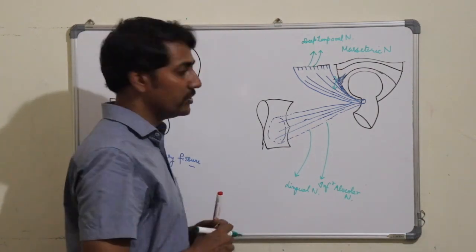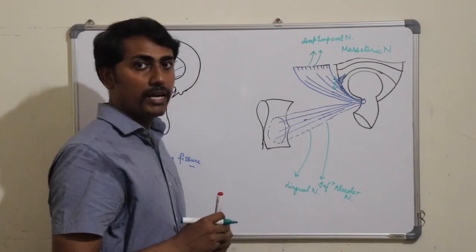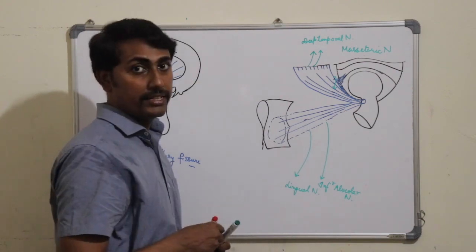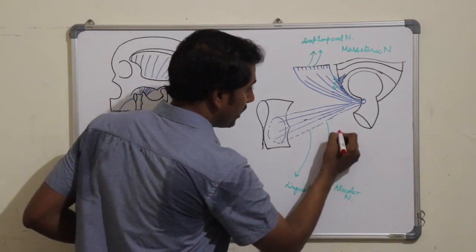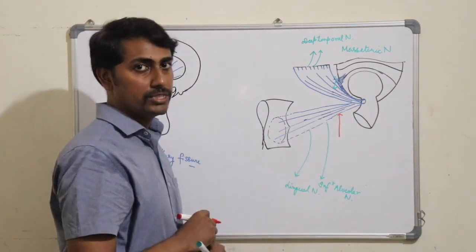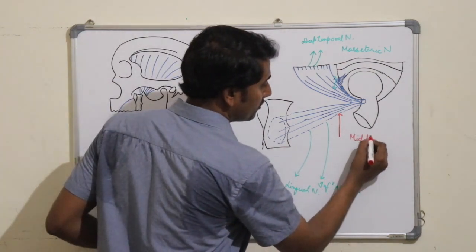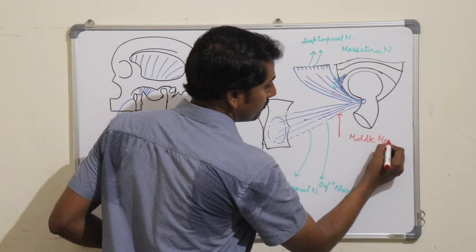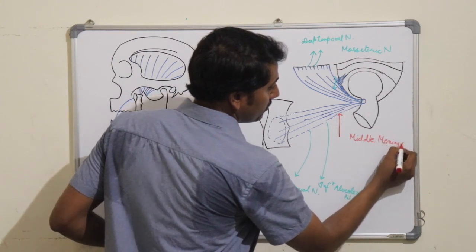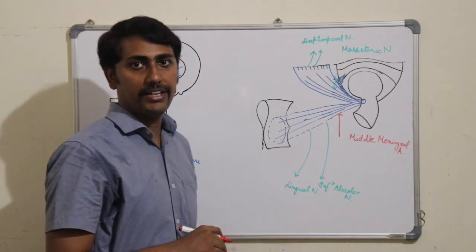The third structure, which is not basically emerging from the lower border but passing deep to the lower border and going deep to the lateral pterygoid muscle, is the middle meningeal artery, which is a branch from the first part of the maxillary artery.